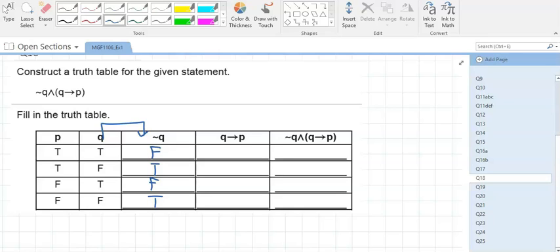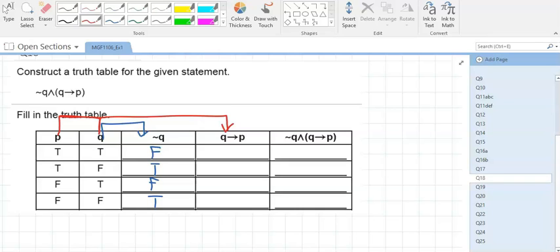Now we move on to the conditional statement. These are the ones that you have to be very, very careful of. Okay? So we're going to use the Q and the P column to help us out to answer this guy. But what do we know about conditional statements? Not the conditional, but the consequence.